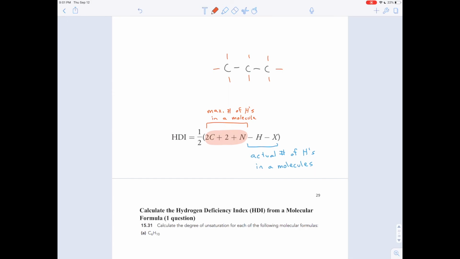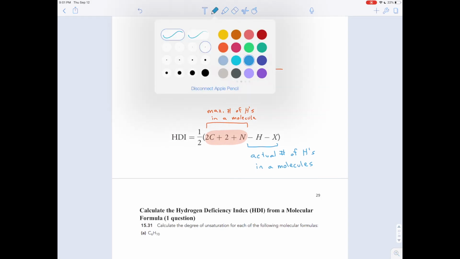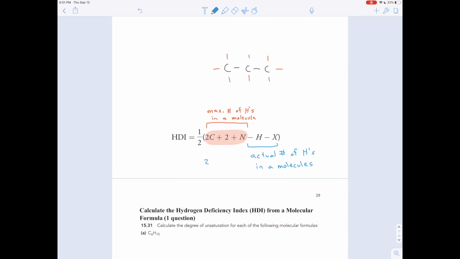In other words, every 2 missing hydrogens is the same as 1 pi bond, or 1 ring. So if you have a certain number of missing hydrogens, just divide that by 2, and you'll get the number of bonds or rings.